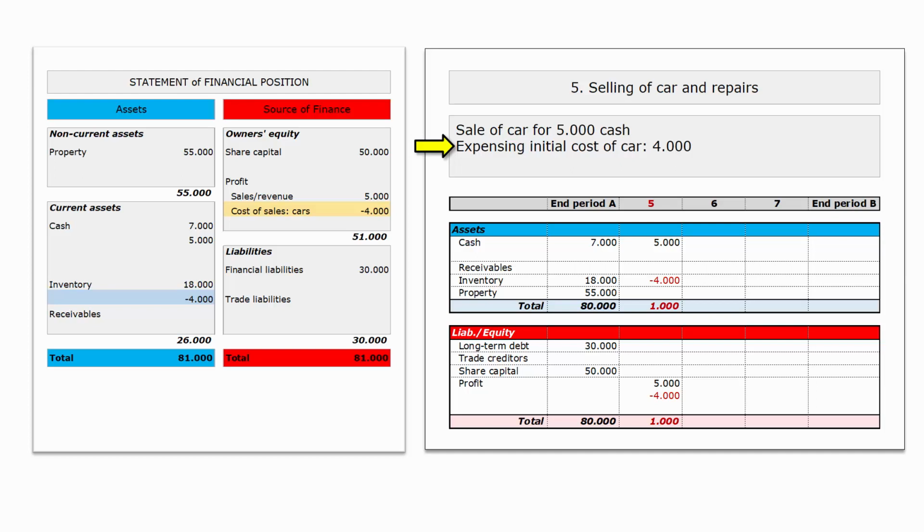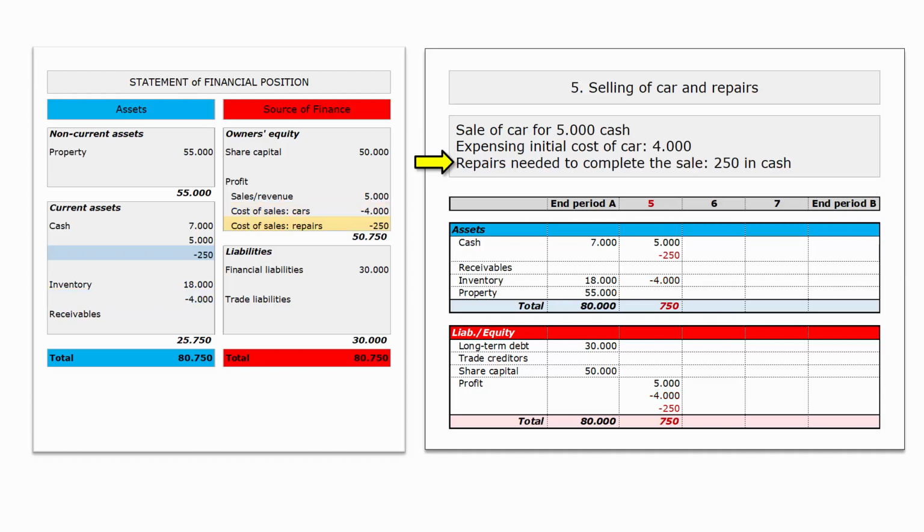We cancel the inventory value of the car sold by deducting this from the sale. In the spreadsheet, we reduce inventory by €4,000 and reduce profit by €4,000. Reducing the inventory, in fact, means that the company consumes part of its resources in the trading process. So, an asset becomes an expense when the economic benefits that it embodies are consumed.